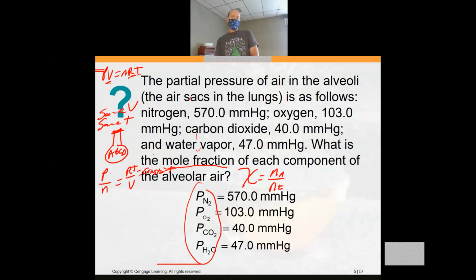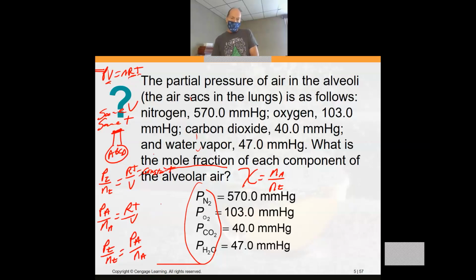So you can look at pressure total and moles total. You can look at pressure of A over moles of A, and that is equal to RT over V. And so you can set those things equal to each other. Your pressure total over moles total is equal to your pressure of A over your moles of A. Now we can solve for moles of A over moles total.